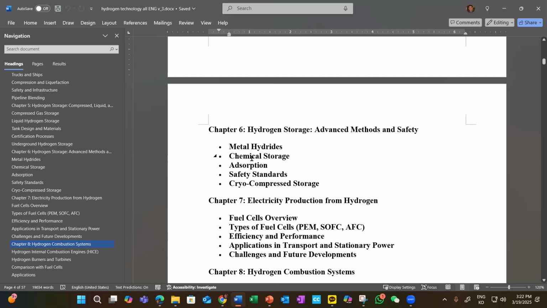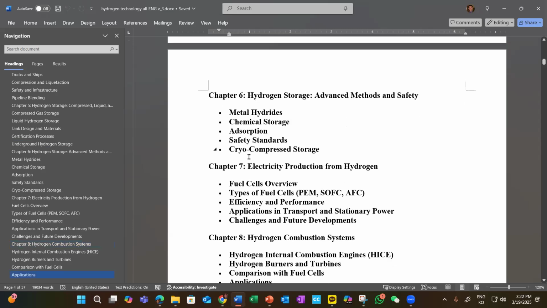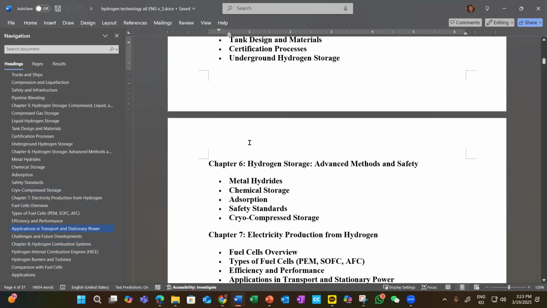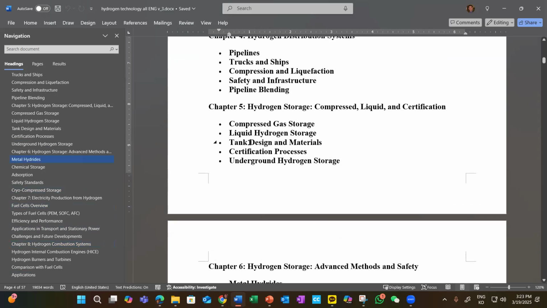Chemical storage means that we combine H2 into another organic material and then it becomes very stable, like methanol. So this is another way of chemical storage. Anyhow, there's cryogenic compressed storage as well. So chapter 5 and chapter 6, as you can see, cover how to store hydrogen.